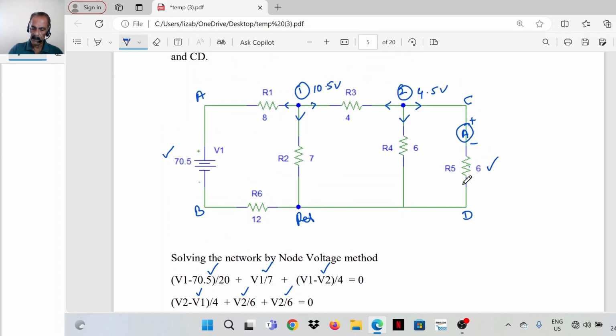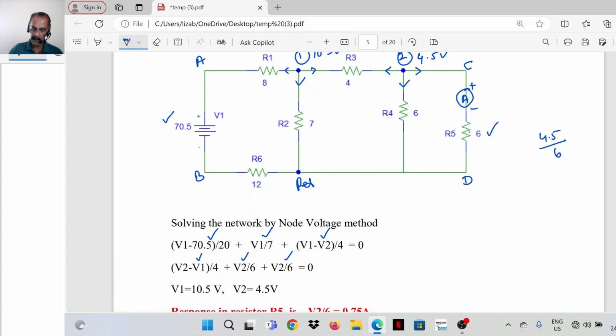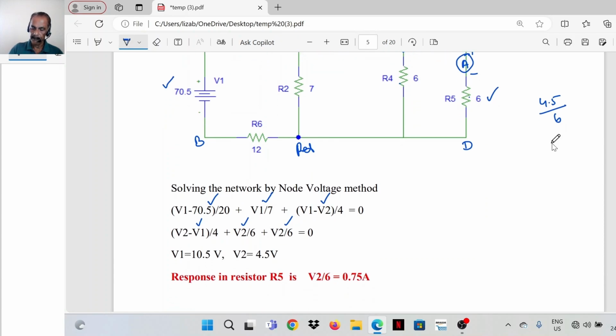So response in branch CD is, this is a reference point, 0 volts, 4.5 minus 0. The voltage across node 2 and reference is 4.5, divided by resistance of the branch, 6. 4.5 by 6 is 0.75 ampere.